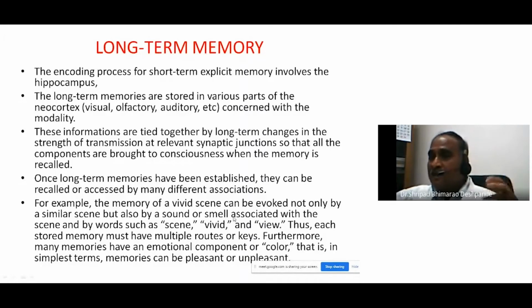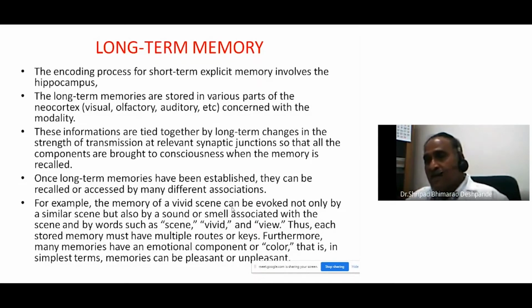Just for example, if a cutlery sound is there in the kitchen, what does it do? I'm just trying to explain this phenomenon. A cutlery sound in the kitchen makes you feel that food is ready, the plate is being served, and you try to imagine what type of food.